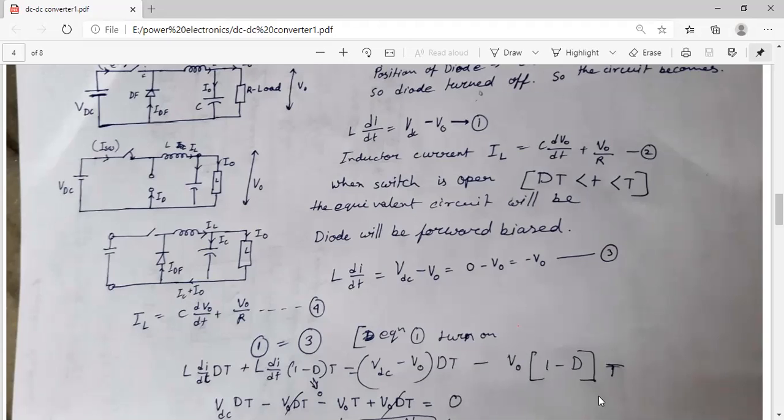That is, the total time period is t. So if I multiply this with d, that means t on by t is equal to d. So dt is equal to t on.